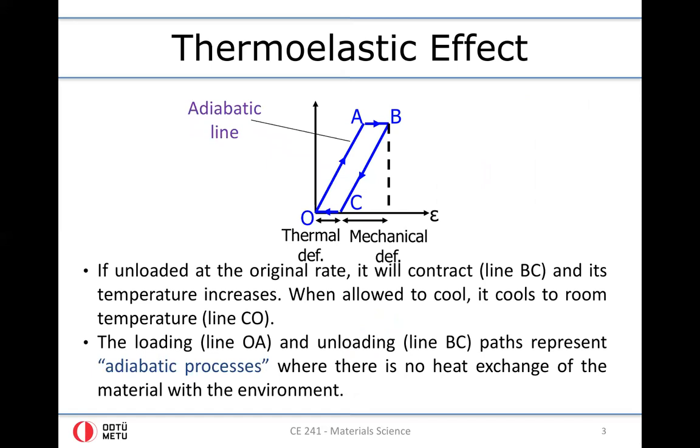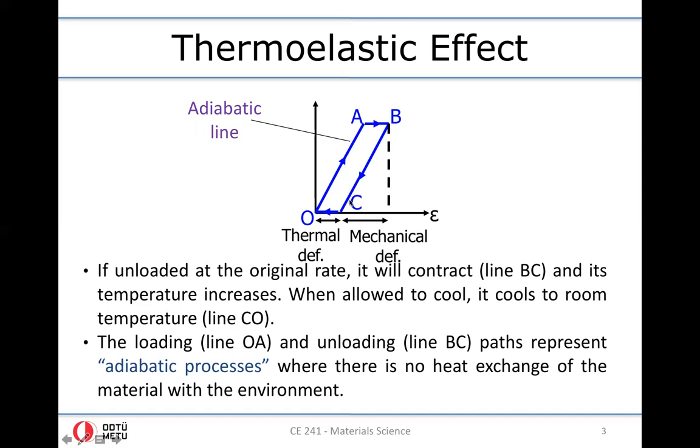But then if you allow the specimen to stay at the constant load, for example, from C to O, it cools to the room temperature. Therefore, it shrinks further. So the loading line OA and unloading line BC are the paths that represent adiabatic processes.